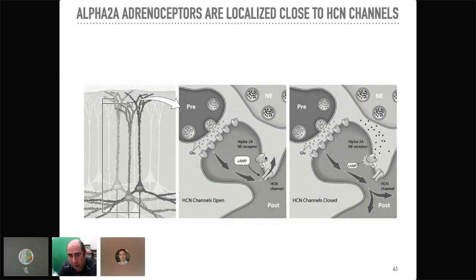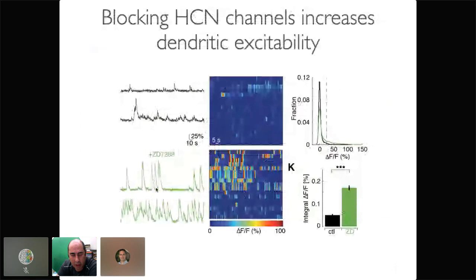So the idea is that when you activate this alpha-2A adrenoreceptor, it blocks cyclic AMP, which is required for the opening of HCN channels, and then the channels are blocked. And we have less IH in the dendrite compared to the case where we don't have noradrenaline. So what happens if you block IH, similar to what the noradrenaline is supposed to do? Then you also see an increase in the activity of the dendrite. They become more excitable.